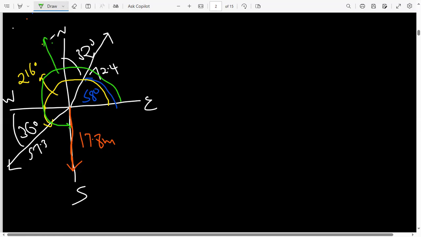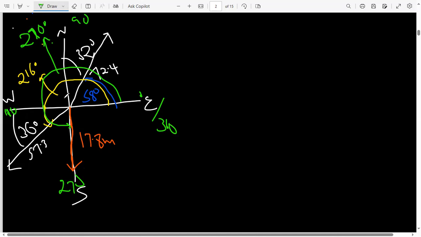The green angle there, we know that if a vector is in the south, then the angle is just 270 degrees. Someone might be wondering how we're getting 270. This one here is 0, this is 90, this is 180, this is 270, and then you come back here, this is 360. That's how we're getting the 270.